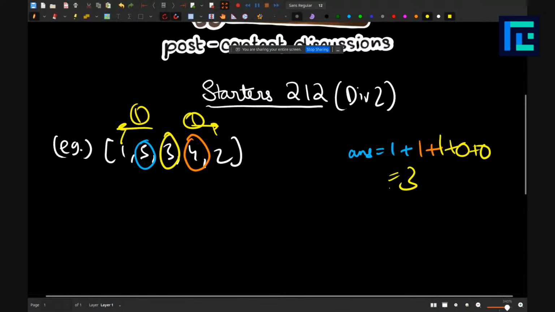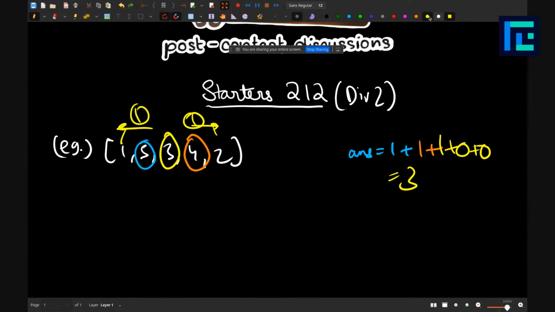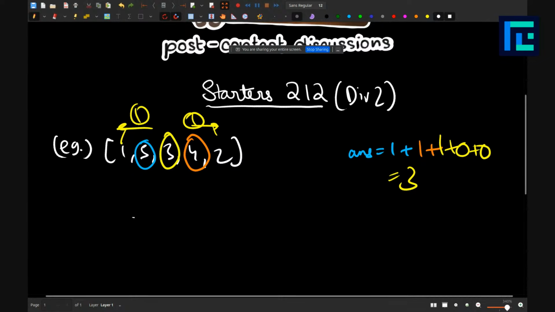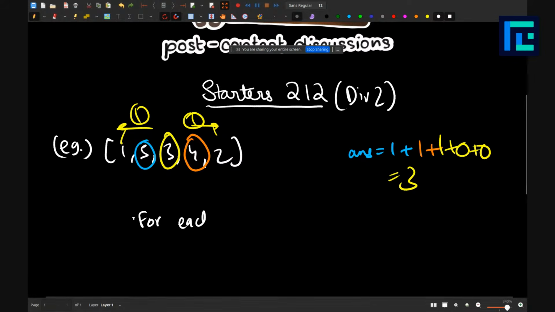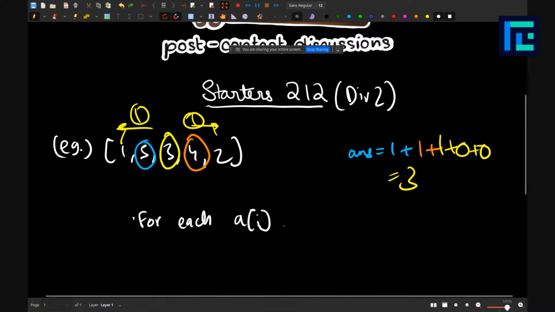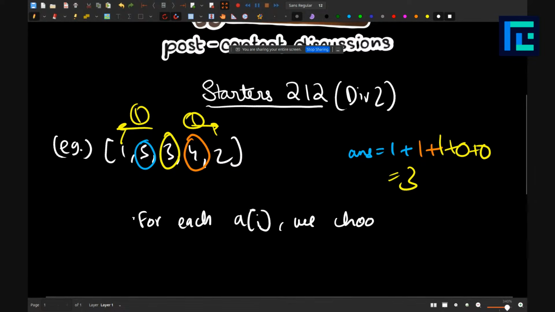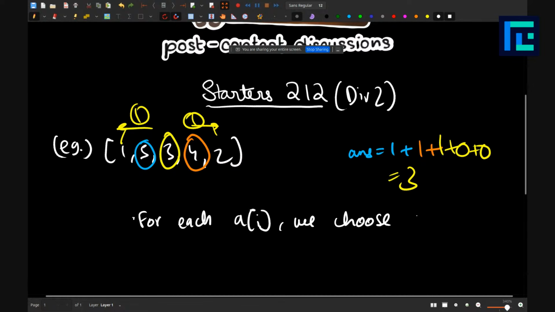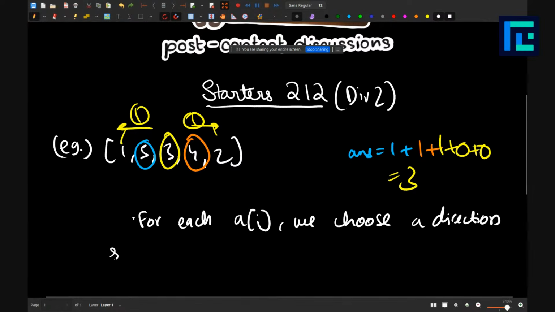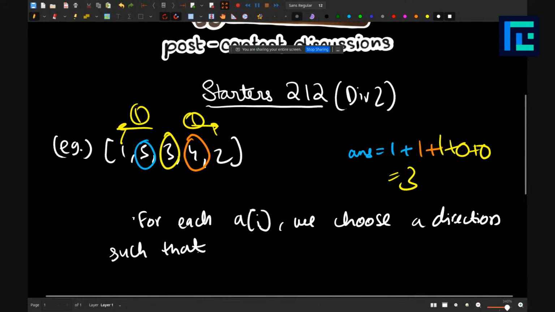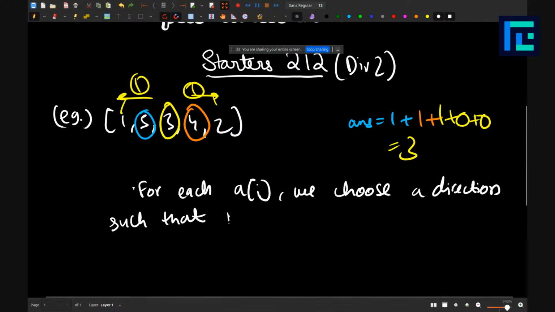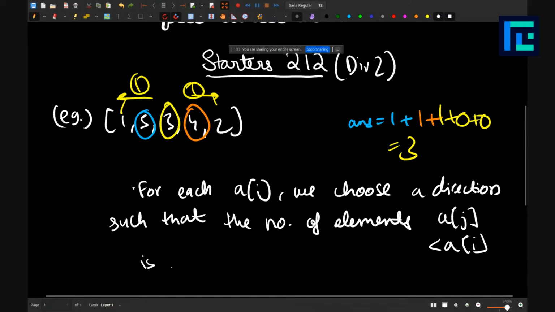So basically, what we can observe is for each a of i, we choose a direction such that the number of elements a of j less than a of i is minimized.